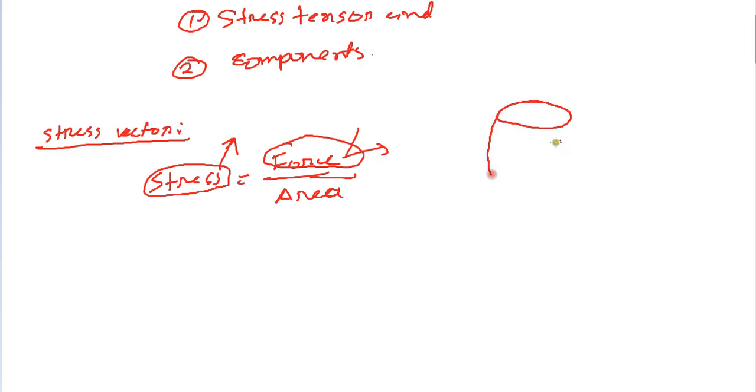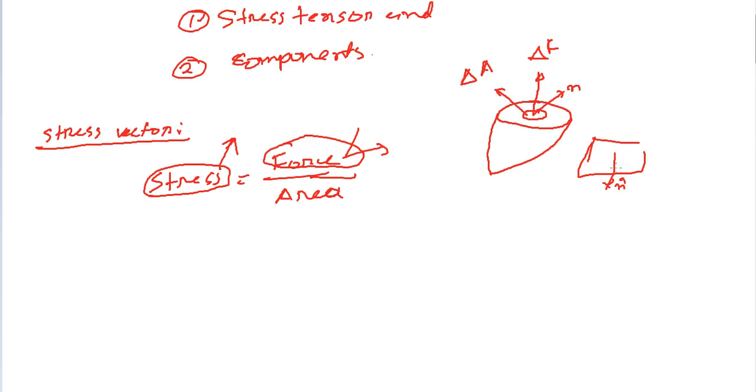And we can consider any plane, and if we apply any force here, say del F, and there is an area to which I have applied the force, say del A, and the outer normal vector of the plane is n. That means normal, perpendicular to that plane, is n.